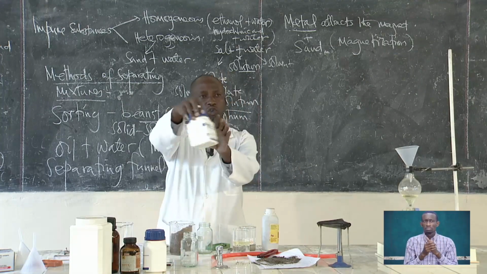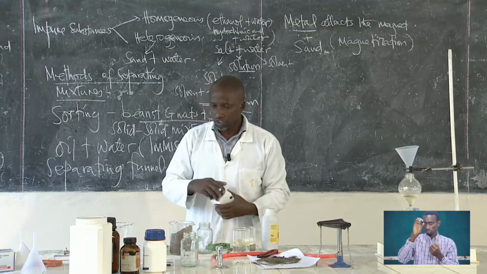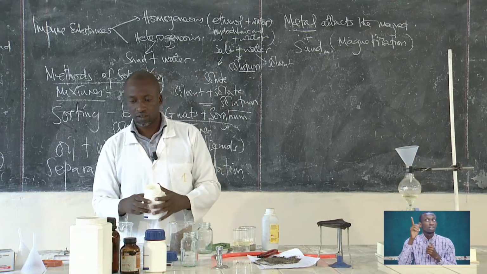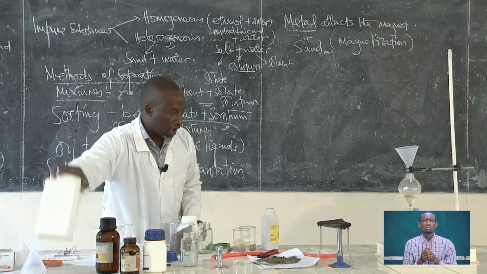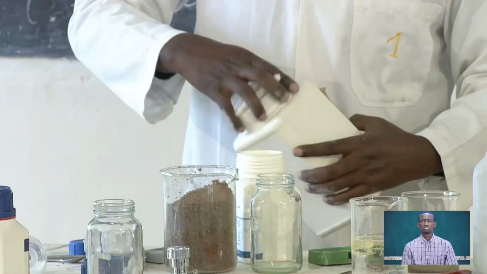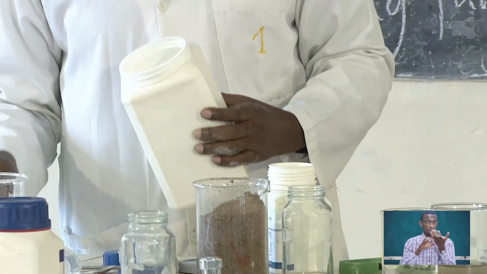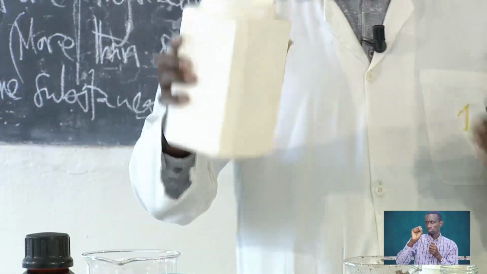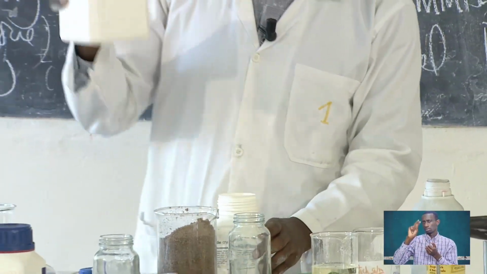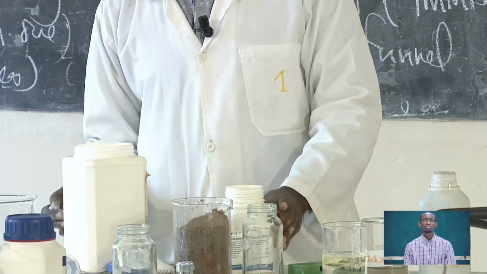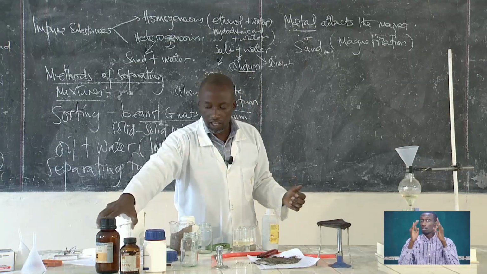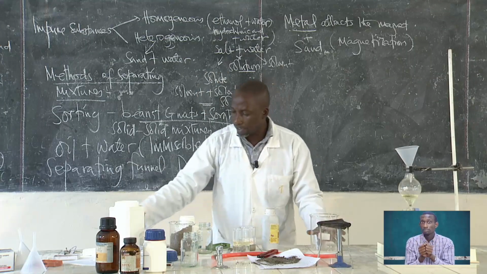We have sodium chloride. This sodium chloride is mixed with ammonium chloride here. They are mixed together. This is a mixture of sodium chloride and ammonium chloride. Now, if we mix them together, how do we separate them?